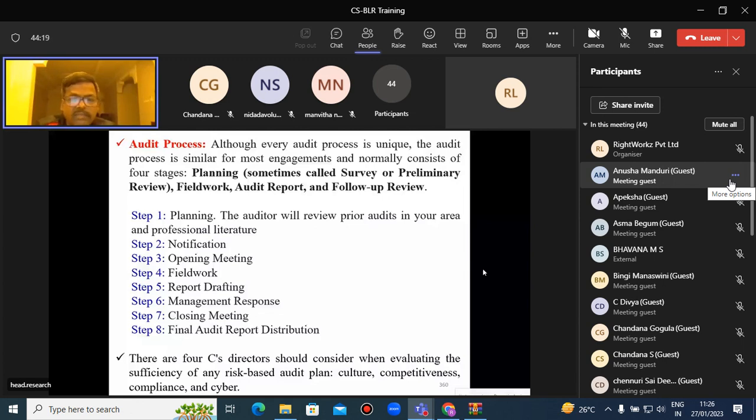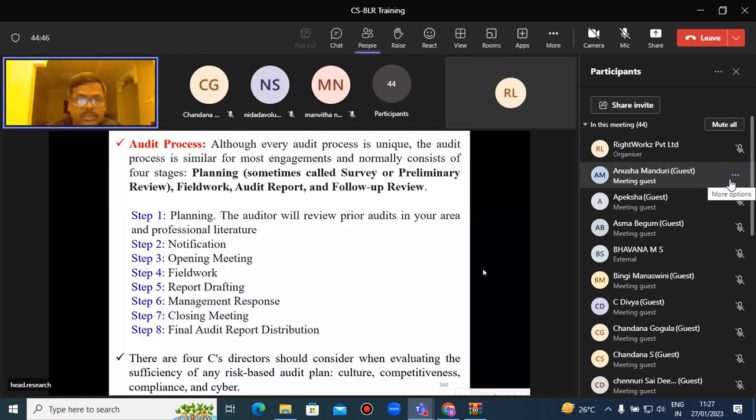Then they give the audit report of the company. The 4th step is follow-up review. So the audit process includes 4 stages: planning, field work, audit report and follow-up review.